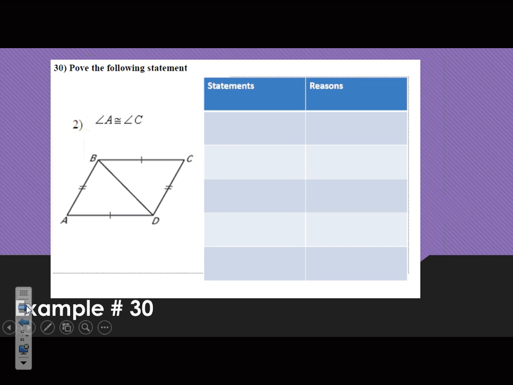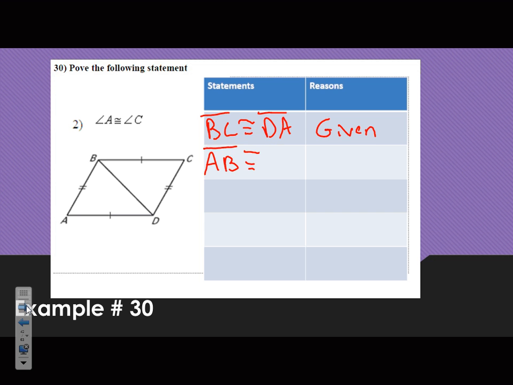Prove the following statement. We need to prove that angle A is congruent to angle C. Before we can do that, we need to prove our triangles are congruent. Now our given is actually written on our triangles, so BC is congruent to BA, which is given, and AB is congruent to CD, that's also given.